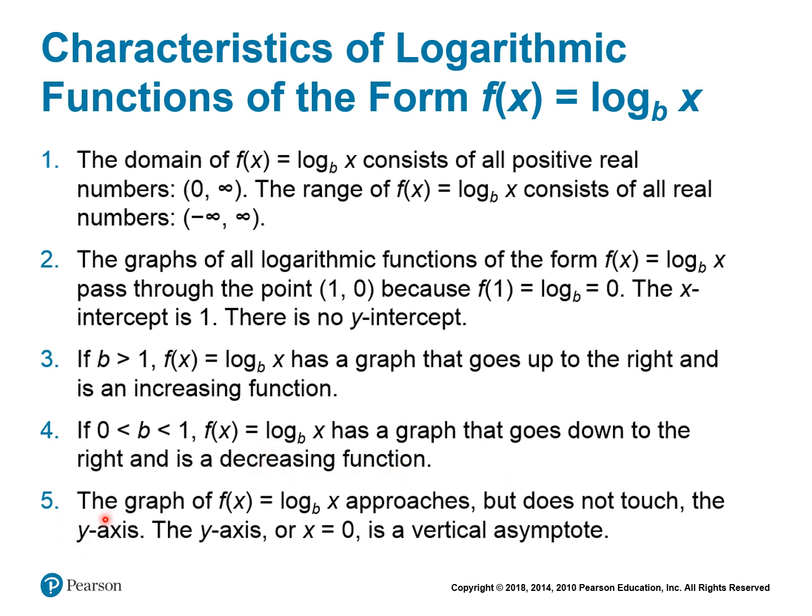And number 5 says the graph of the logarithmic function approaches but does not touch the y-axis. The y-axis, or x equal to 0, is a vertical asymptote. These are the characteristics of logarithmic functions that we can obtain from the behavior of the graph.